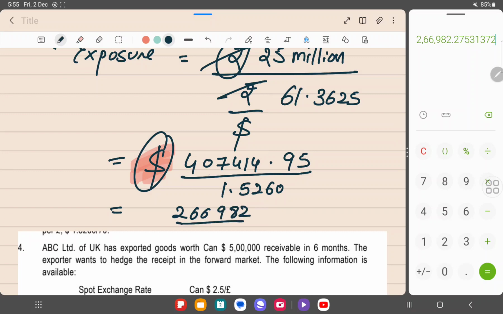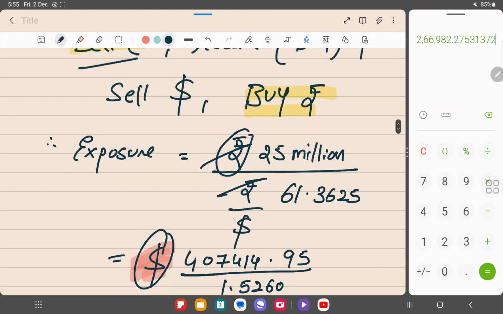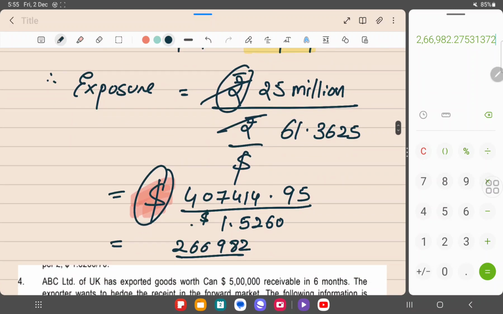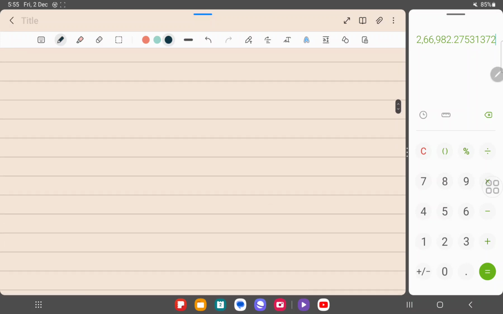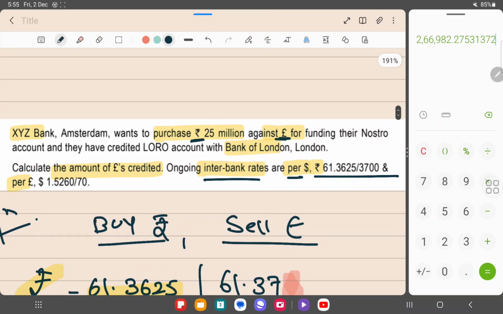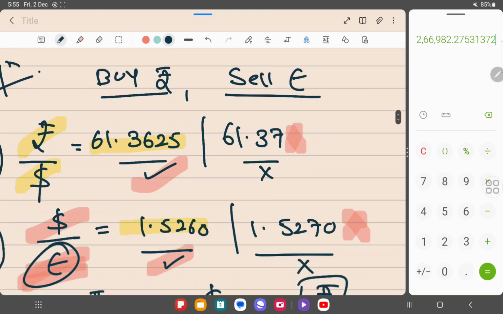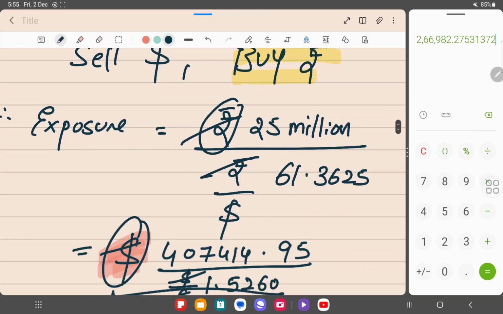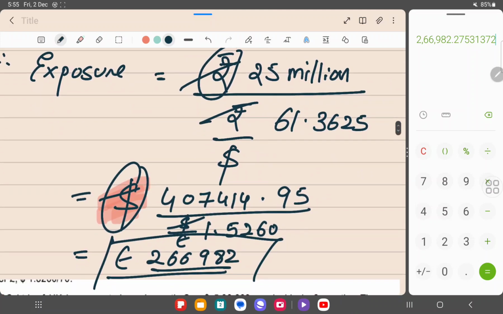What currency? This quote was dollar upon pound, so dollar goes, this is pound, and this is what you wanted. The question is clearly asked, calculate the amount of pounds credited. So this is the amount of pounds credited.